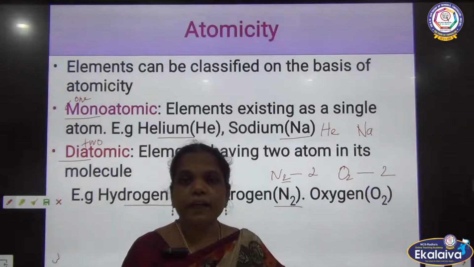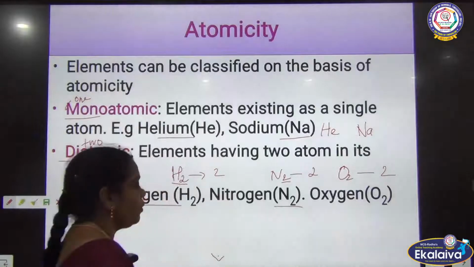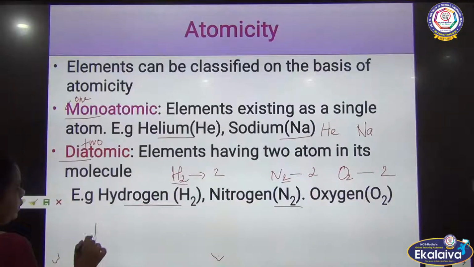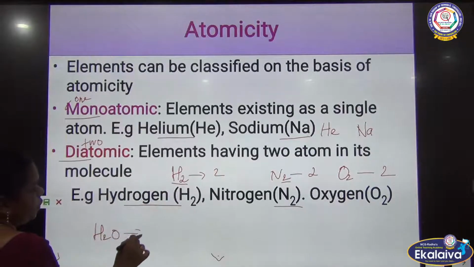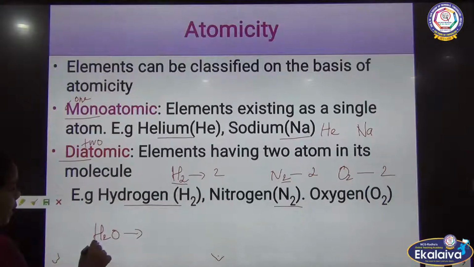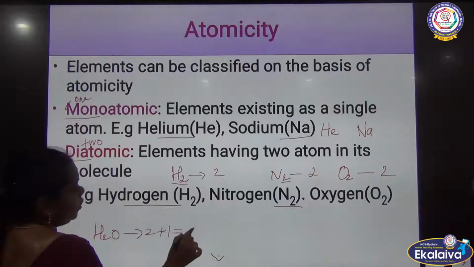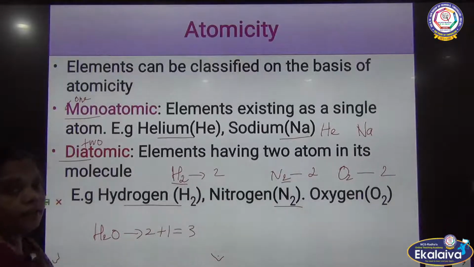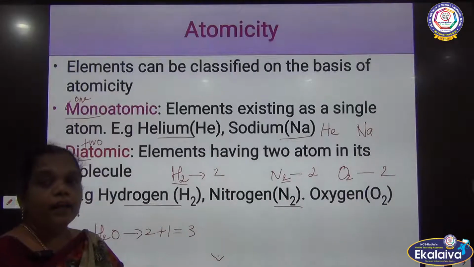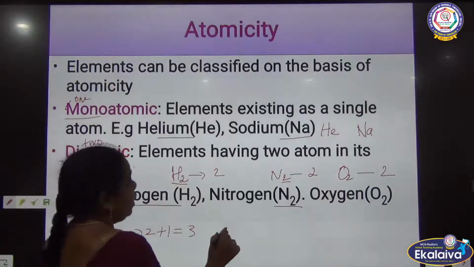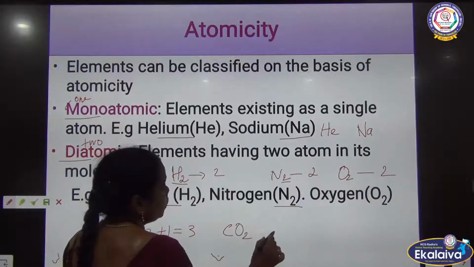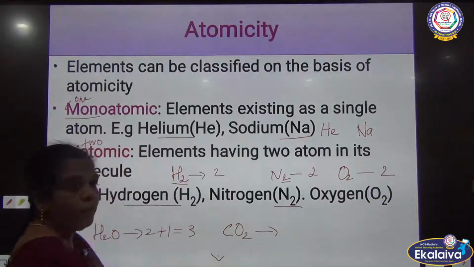So they are classified as diatomic. Triatomic: for water, H2O, what is the subscript for hydrogen? 2, and oxygen 1. So how many atoms are present? 3 atoms, so it is a triatomic molecule. And CO2. Now see that C. What is C, children?